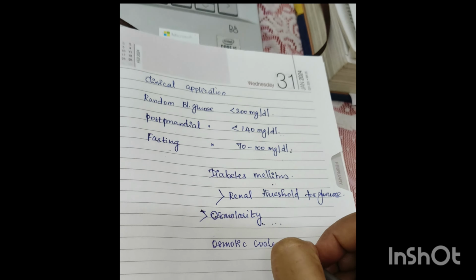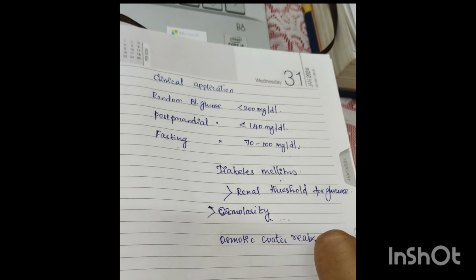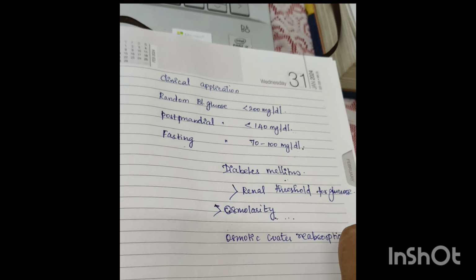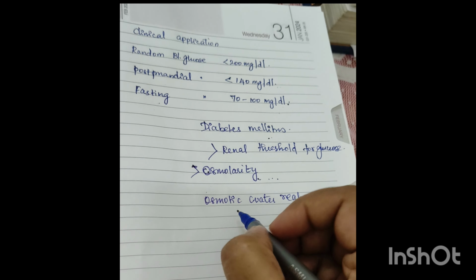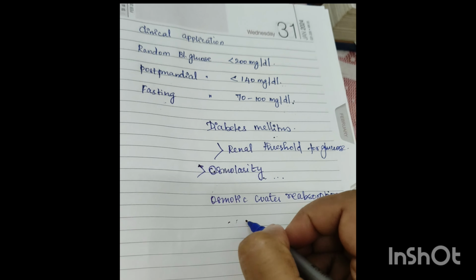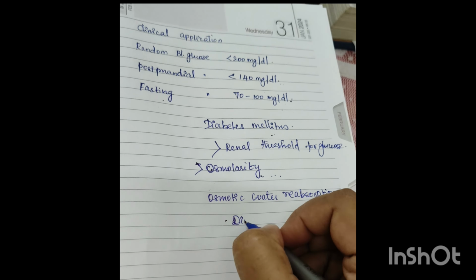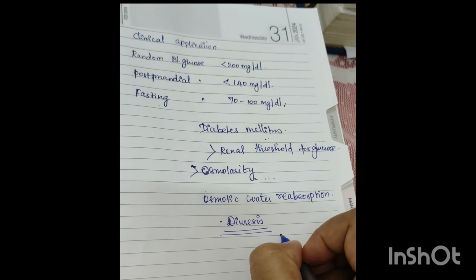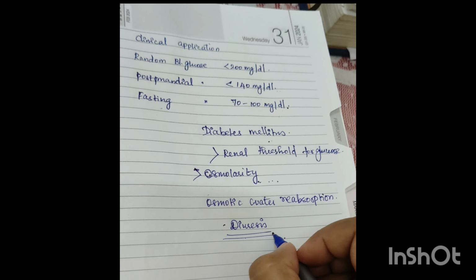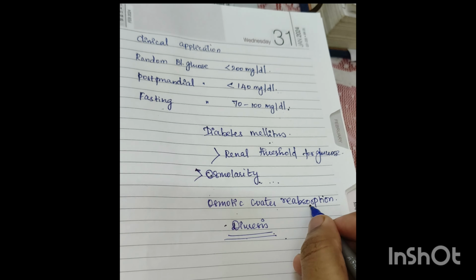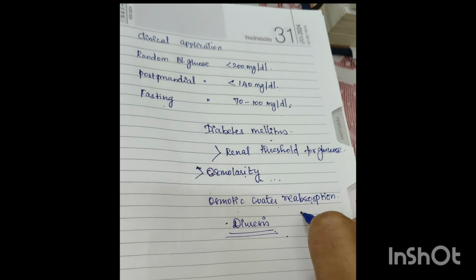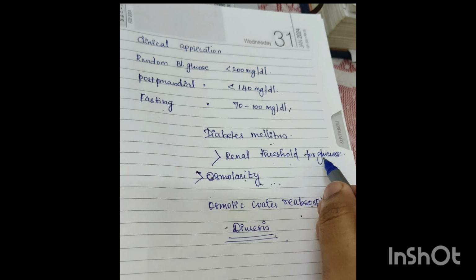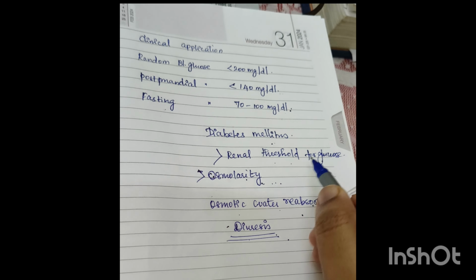This will result in more and more diuresis, that is, more loss of water, because glucose started being excreted after the threshold value for glucose.